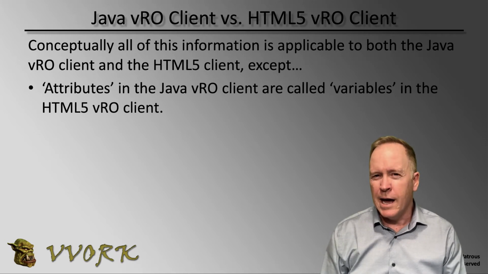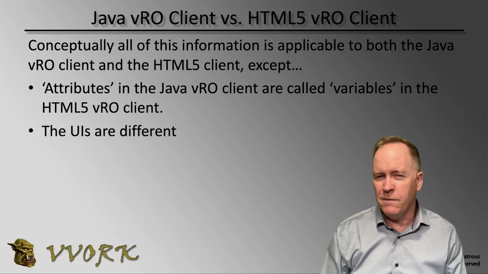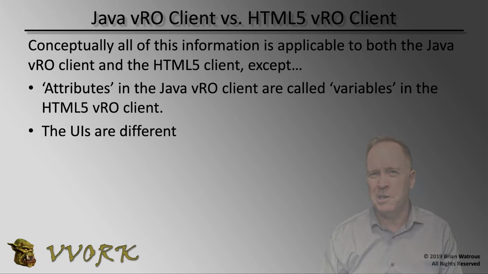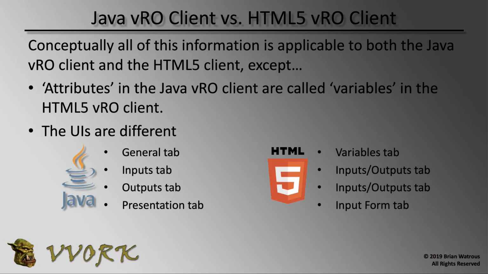All right, carrying on. The Java client versus the HTML5 client, they have different UIs. If you haven't already noticed this, in the Java client, the place you go to create attributes is the General tab. But if you go to the HTML5 vRO client, there is no General tab. Instead, the place you go there is called the Variables tab. Again, what the HTML5 vRO client calls variables are what I'm going to call attributes.